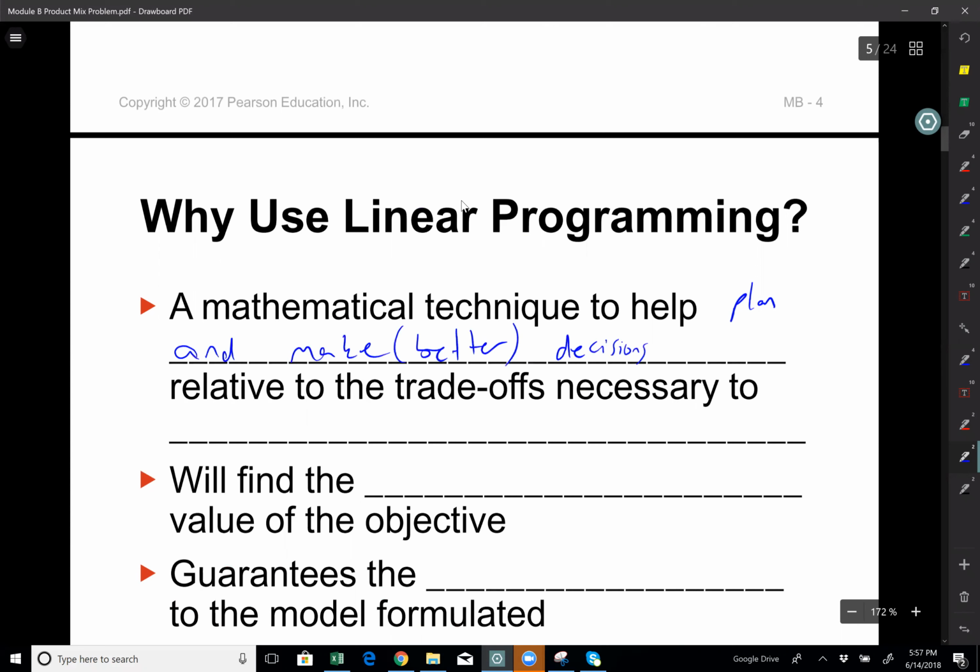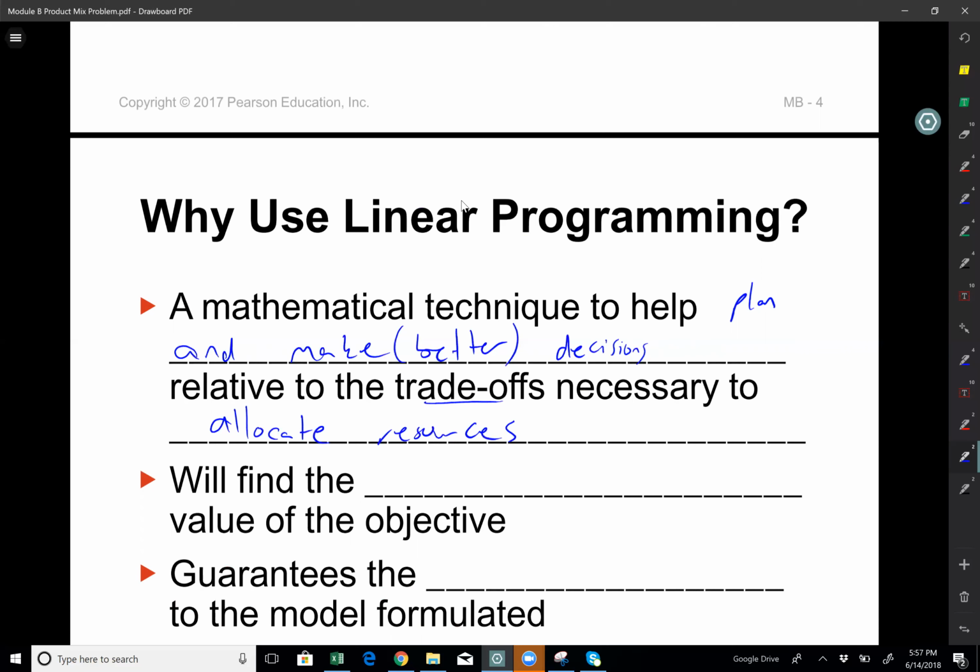And we need to think about the trade-offs in terms of allocating resources. So we have certain resources, let's say money, employees, and so on. We allocate them to different products to make sure that we maximize our profit or minimize the cost.